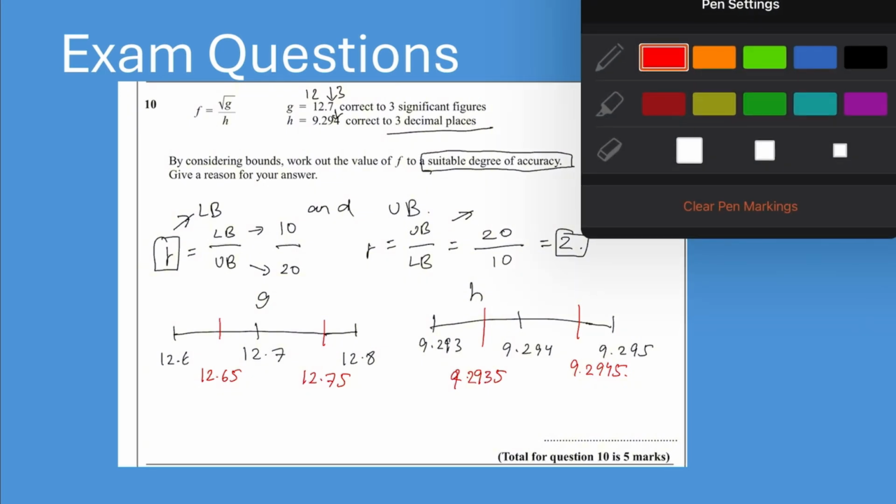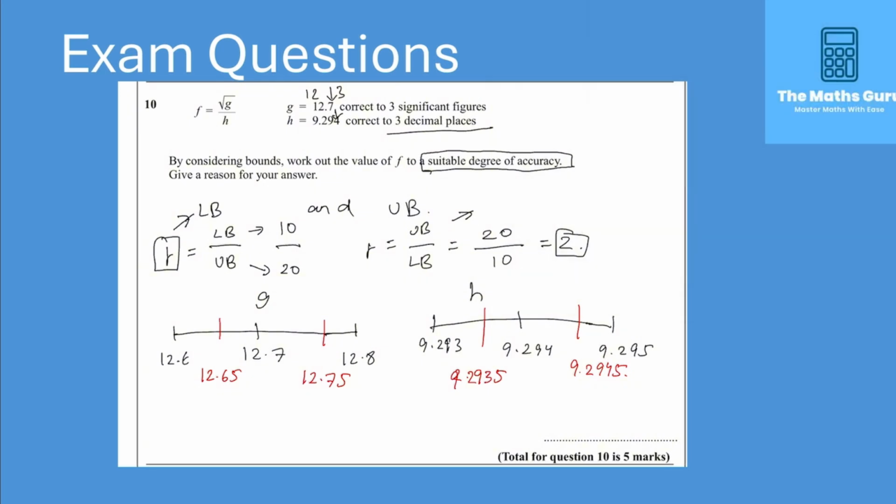Okay, now remember what we said. The lower bound of f is going to be given by the lower value for g divided by the upper value for h. Sorry, the upper bound of f is going to be given by the upper value for g divided by the lower value for h. Because remember, a bigger number in the numerator divided by a smaller number in the denominator will always give a larger value for whatever we're trying to work out, and in this case, we're trying to work out f.